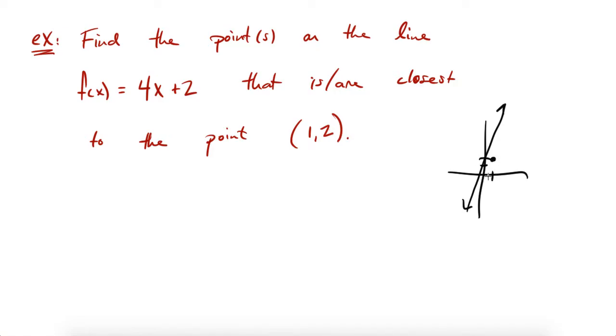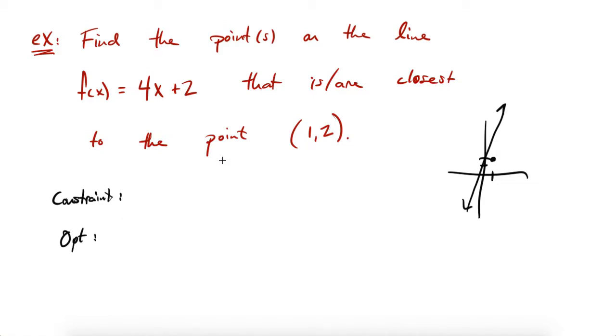Okay, so first of all, you might not see the language maximum, minimum, right? Those are the key words that tell you optimization. So you have to figure out what's the constraint and what are you trying to optimize. In this case, you might pause and ask yourself these questions. What's the constraint here and what are we trying to optimize?